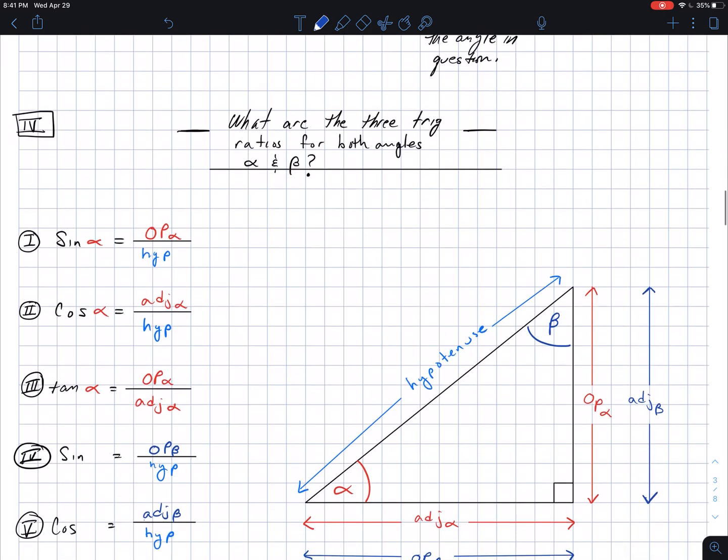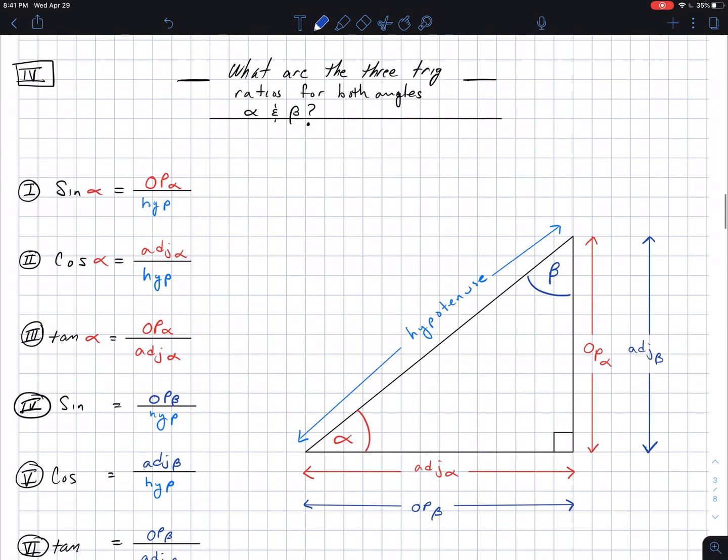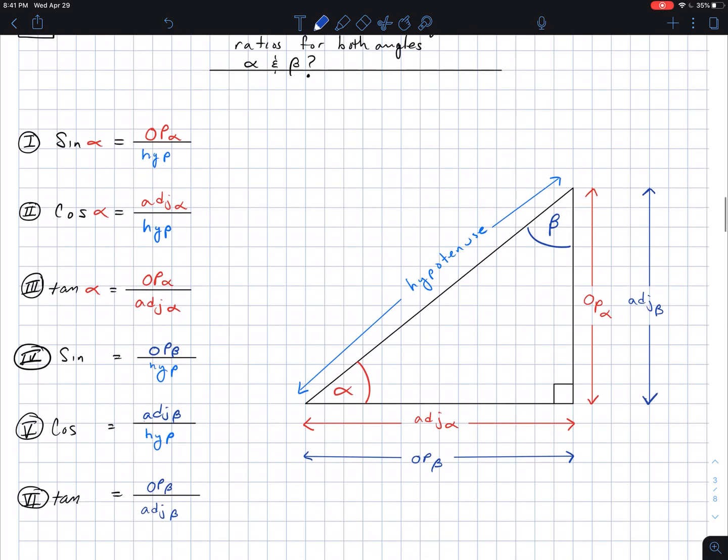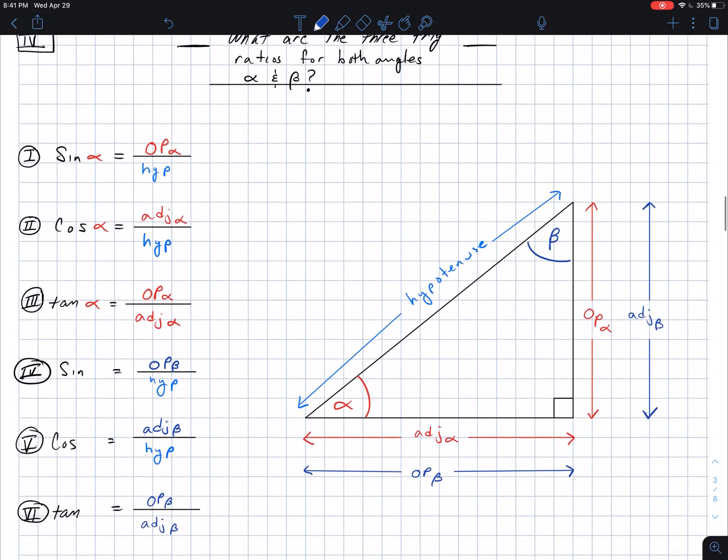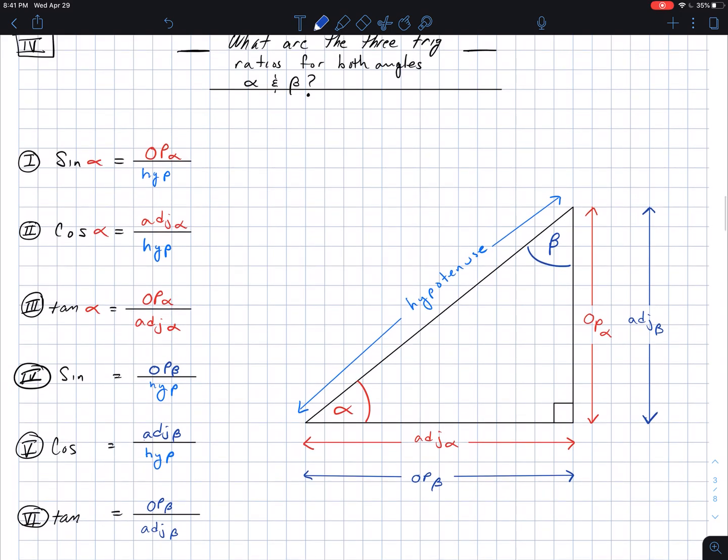So what are the three trig ratios for both angles, alpha and beta? I listed a whole bunch of stuff here. I redrew the triangle in question with both angles, alpha and beta, and then I labeled all of the trig functions that we have. I've left a few things blank for a reason.